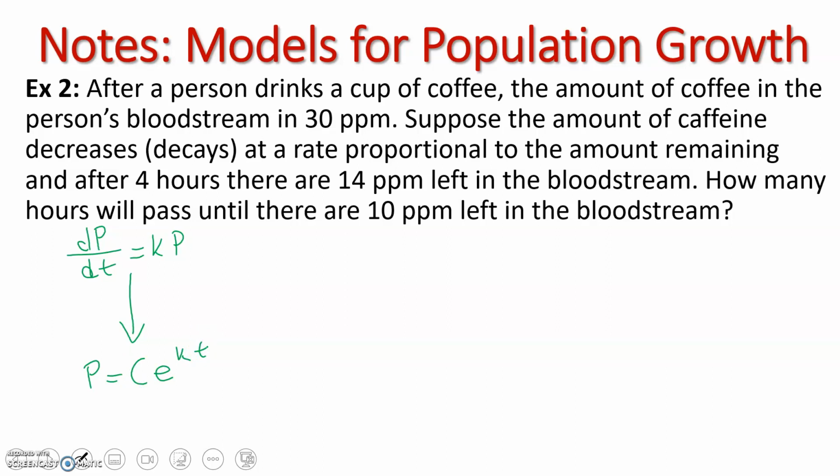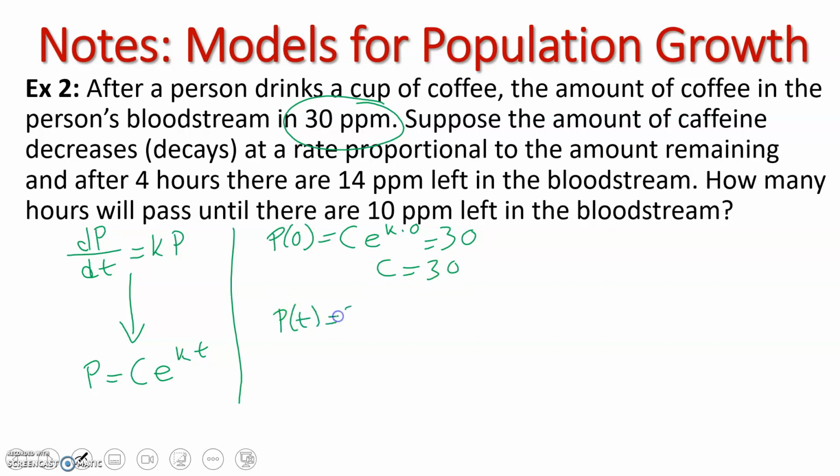So we recognize that our initial population is given by 30, right? So that P of 0, our constant, times e to the k times 0 is 30. So our constant is in fact 30. And our population, P of t, is 30 e to the kt.